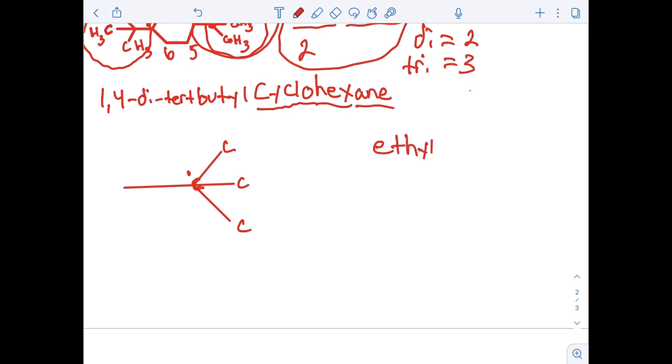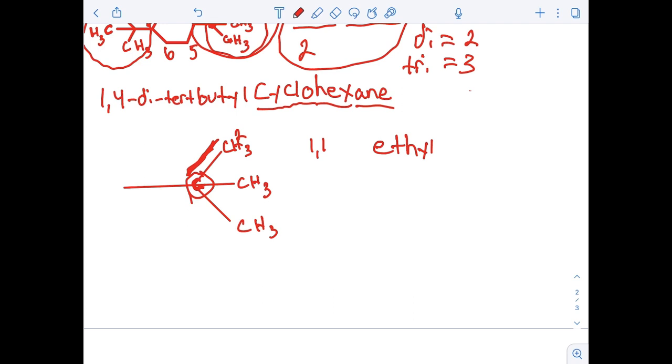So let's just say you're using this chain here. This would be carbon 1. This is carbon 2. So that's an ethyl. And on carbon 1, you have 2 methyls. So this would be, if you go going this way, this carbon here, you have 2 methyls, and they're all on the first carbon.